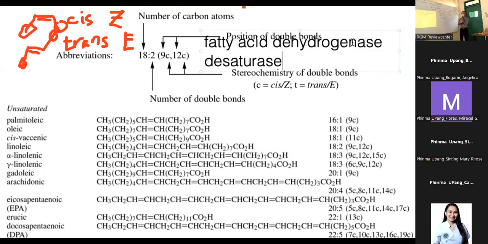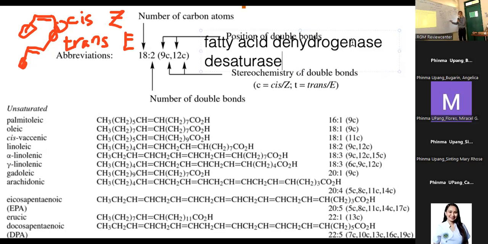One last, before we end, i-drawing natin yung alpha-linolenic acid at saka yung gamma-linolenic acid. I-drawing ko rin to sa board, which I will make available afterwards. So this is carbon 1, 2, 3, 4, 5, 6, 7, 8, 9, tapos 10, 11, 12, 13, 14, 15, 16, 17, 18.